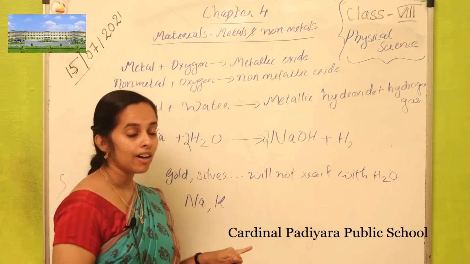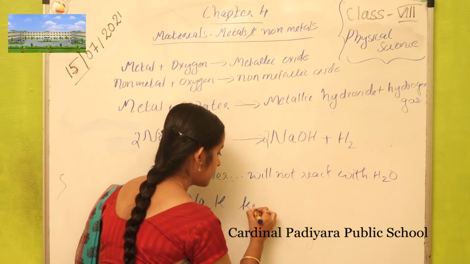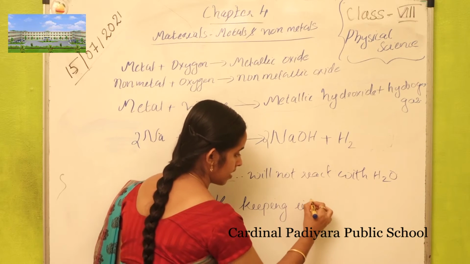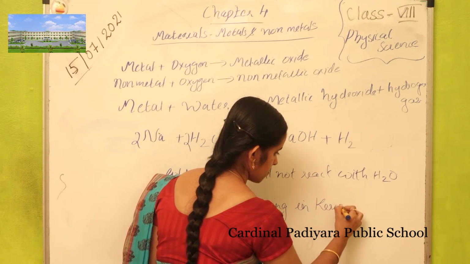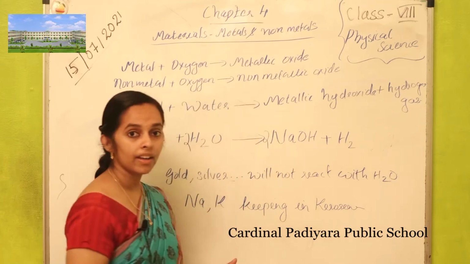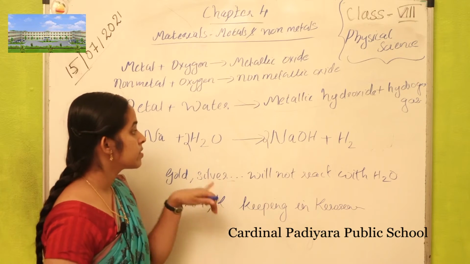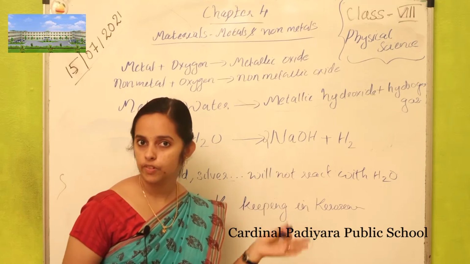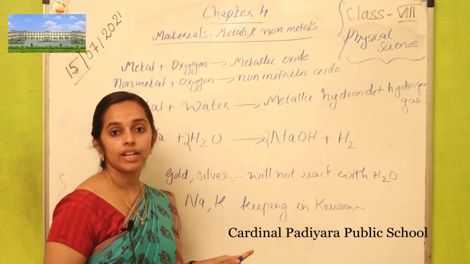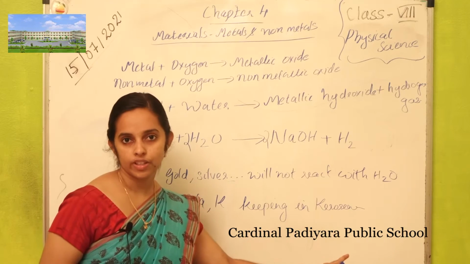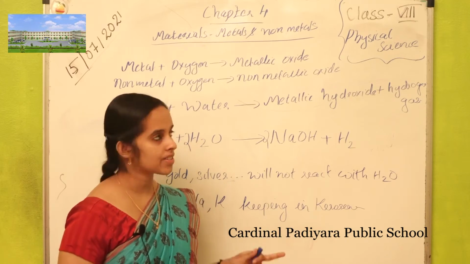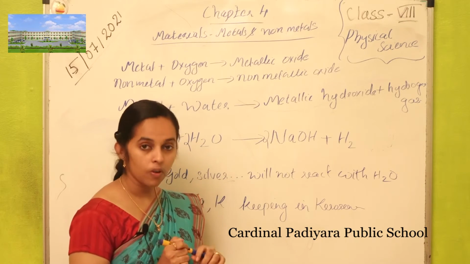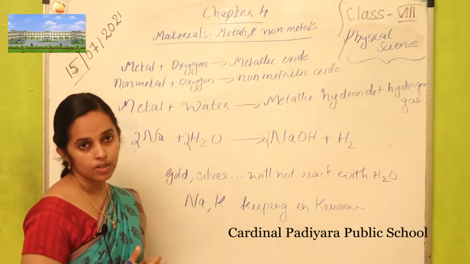Sodium and potassium are very reactive to water as well as oxygen, that we already studied in the previous class. So, sodium and potassium are kept in kerosene in order to avoid the reaction with water or air. So, this is an application of a metal also.